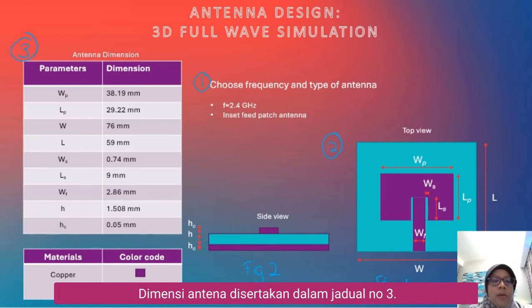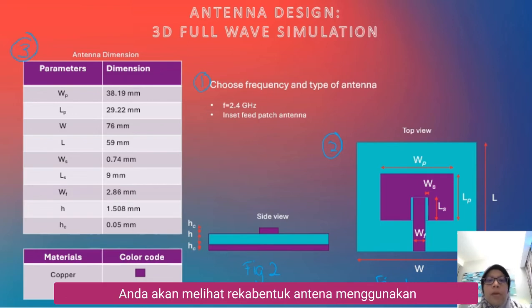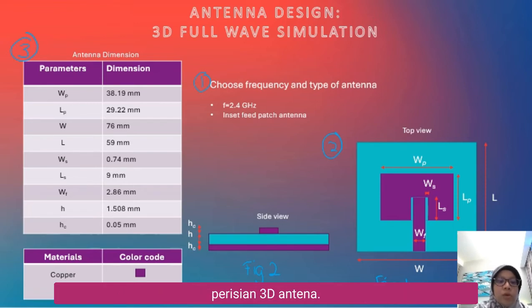The antenna dimension table represents the parameters for each of these symbols and its dimension in millimeters. So you are going to see later on how to design this antenna using full wave simulation software.